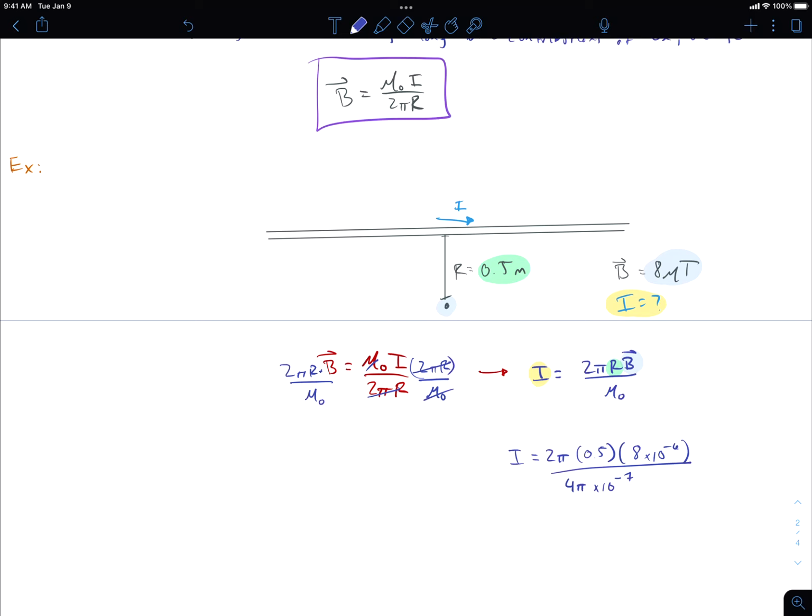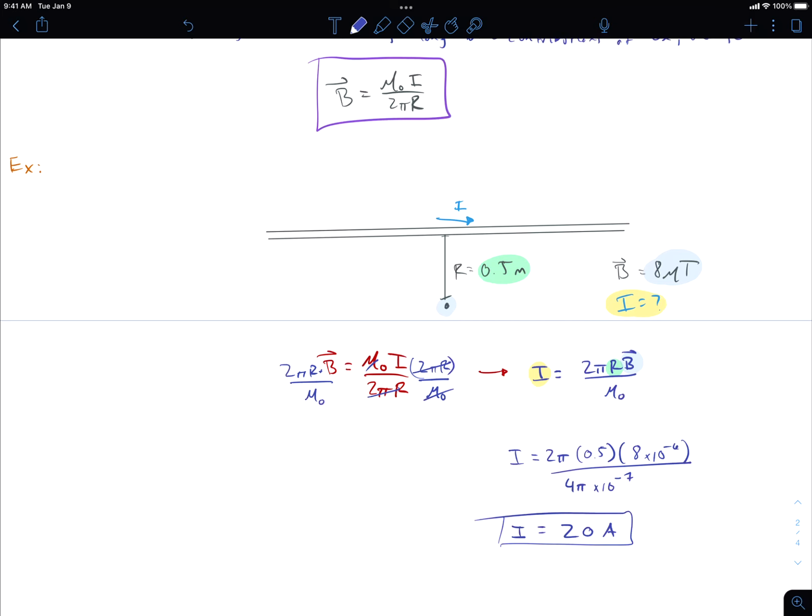So now we have all of our values, so we can calculate this. If you do this in your calculator, go ahead and try this out now. If you had some error, go ahead and fix it up and try it out now. What we should have here is that my current running through here should be 20 amps, right?